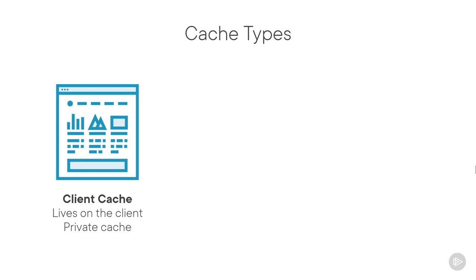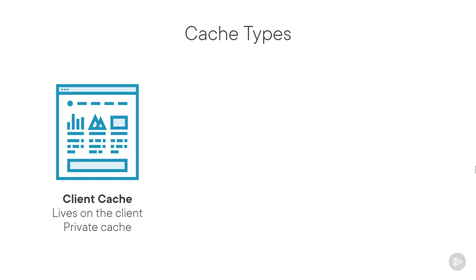It's called private because the resources are not shared with anyone else. They're kept on the client for each consuming instance. So, good examples are a cache on your mobile device, but also a cache in local storage for an Angular application.